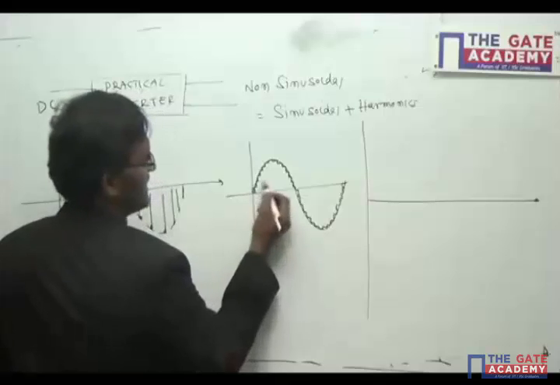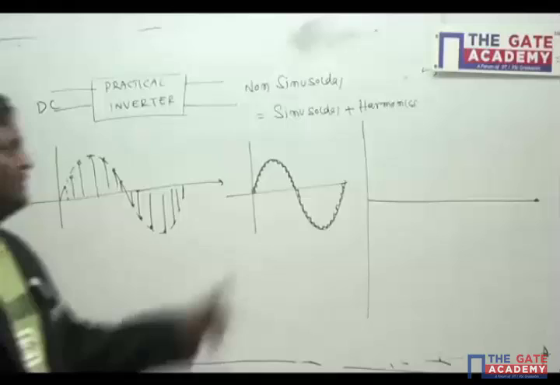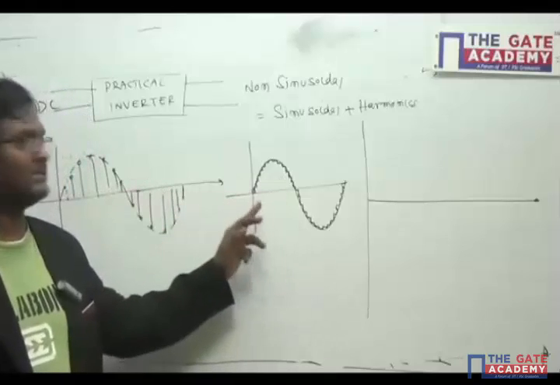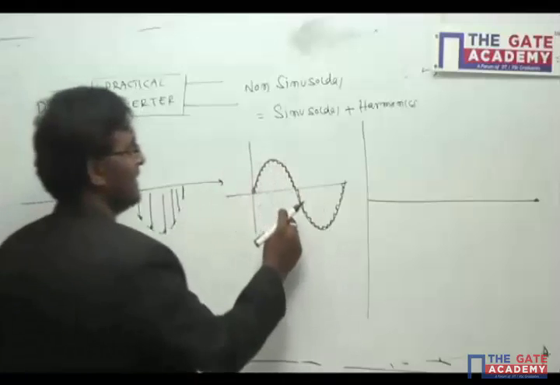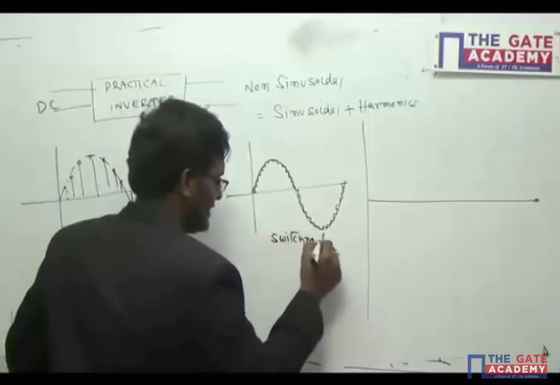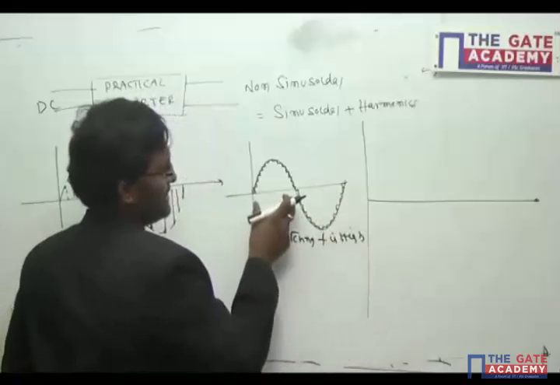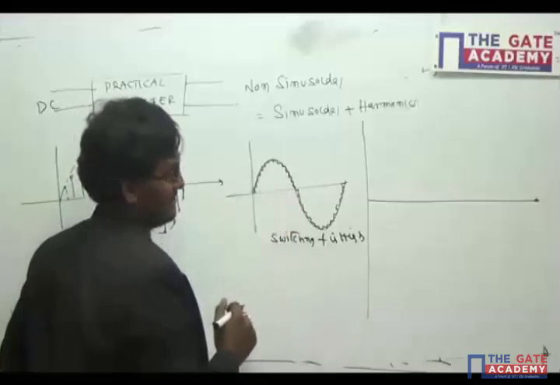These are all switching instants. So when you switch on one device, the output voltage is like this. When you switch on the other device, it is like this. So it may be pure sinusoidal. In this case the switching frequency is high, because in a very small time you are switching the device on and off so many times.